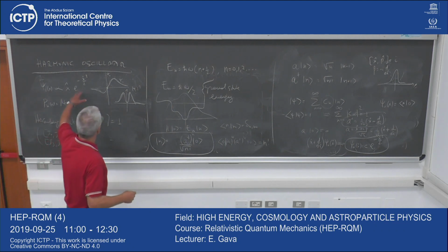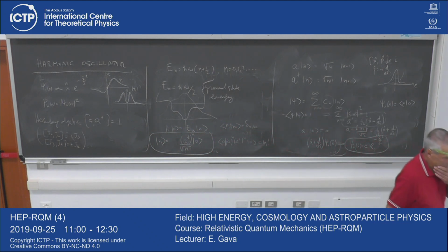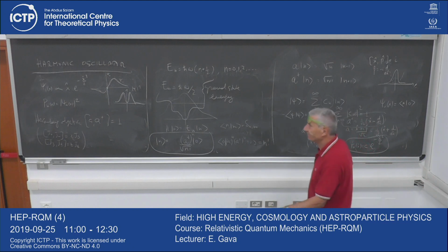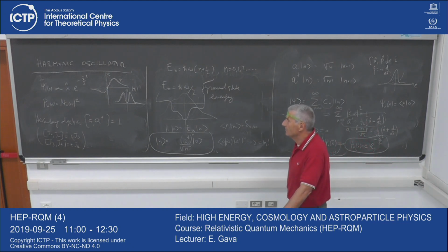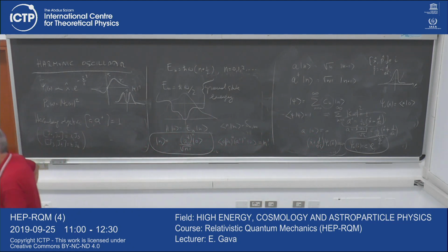And then, as you move with n, you get all the Hermite polynomials, even and odd, depending on n. So this is the easy way to go about solving the harmonic oscillator. You get all the information that you get from solving the Schrodinger equation, not just the spectrum, I repeat, but also the form of the wave functions.